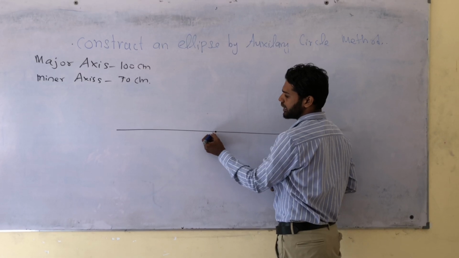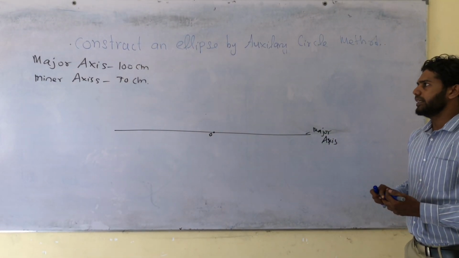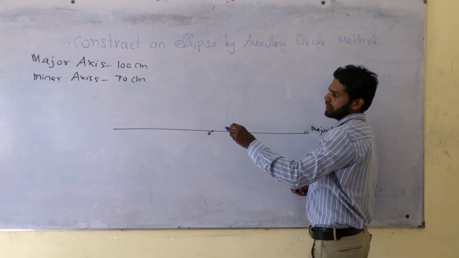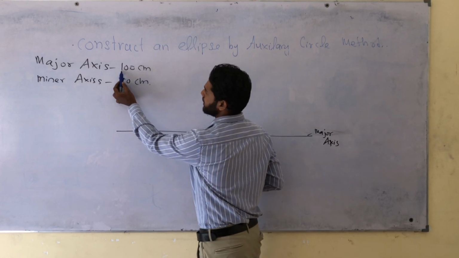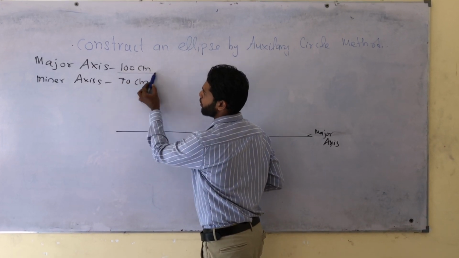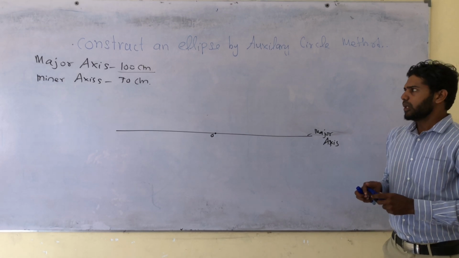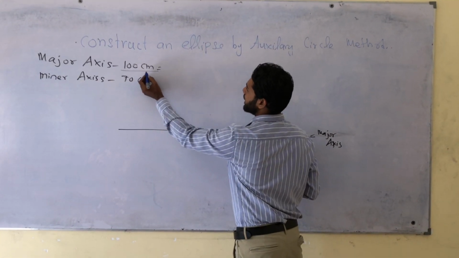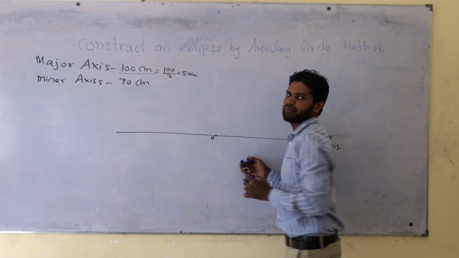Let's call it O. And here you can say this is 100 centimeter. So you have to divide it into two.